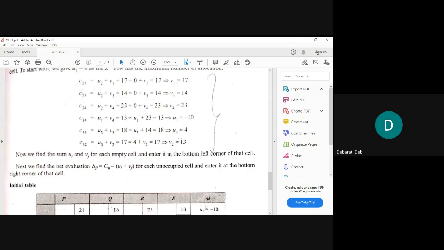Now we know U3, so we write 4 plus V2 equals 17. That implies V2 equals 17 minus 4, that is 13. Okay, V2 equals 13.